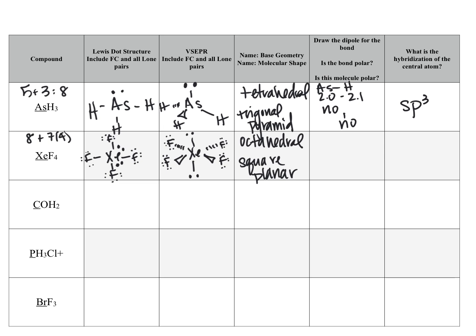So now we want to ask ourselves, is this bond polar? So the XeF bond, xenon has an electronegativity of 2.6 minus 4, so it is polar, and it's going to go in the direction of this.